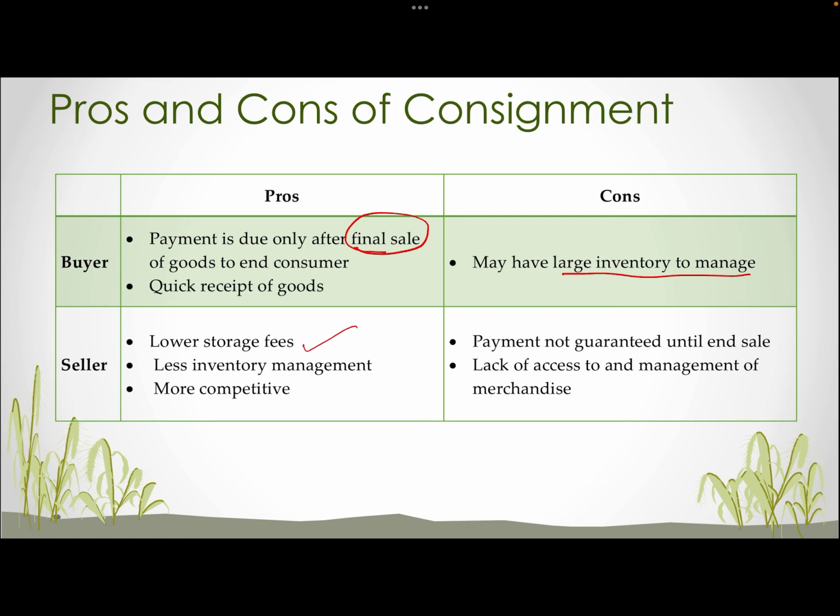Seller will not have to keep the inventories, less inventory management, and more competitive. But this will be high risk for the seller as payment may not be guaranteed until end sale, and lack of access to and management of merchandise.